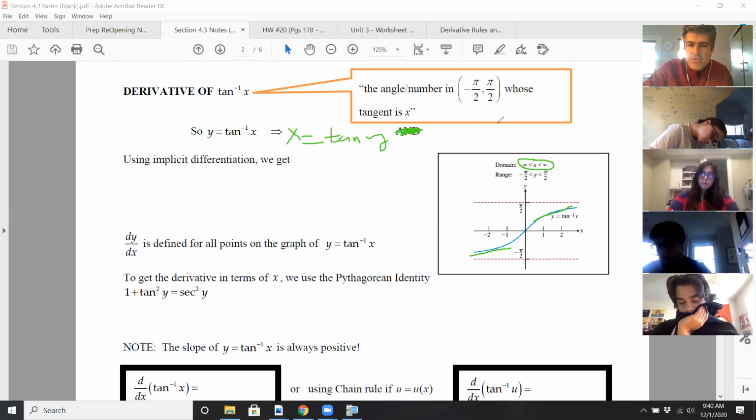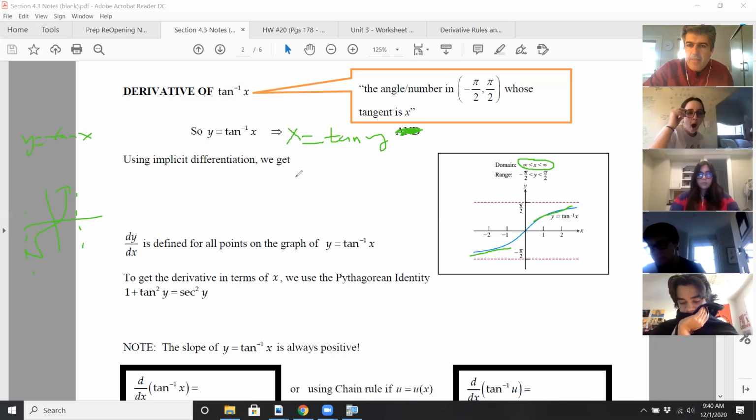Remember, tangent is opposite over adjacent. Opposite and adjacent sides could be really anything. So you could have it be infinite or whatever. So for y equals tangent x, this is y equals tangent x. Remember that there are asymptotes here. So the range was all real numbers, but the domain was restricted.